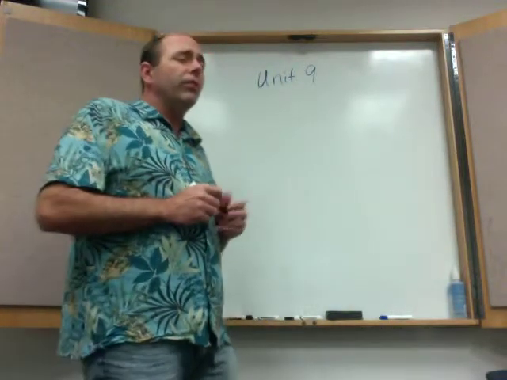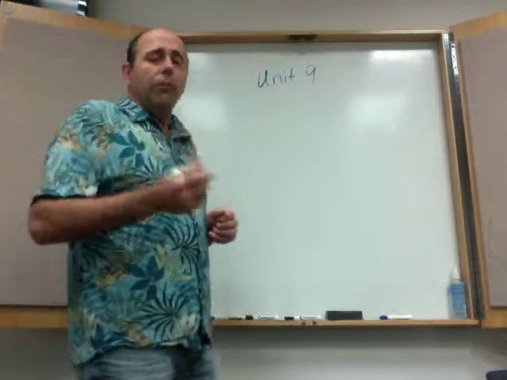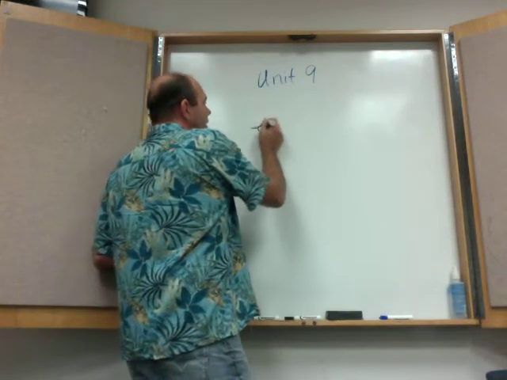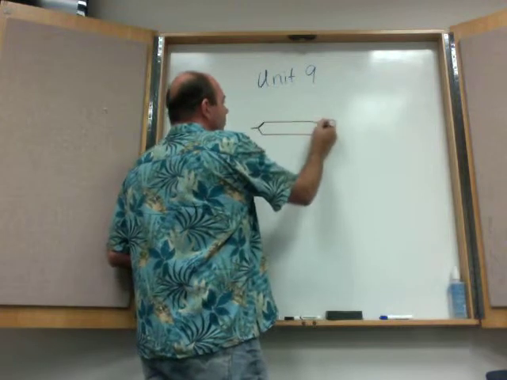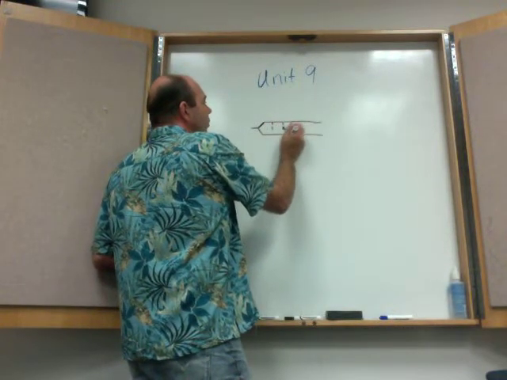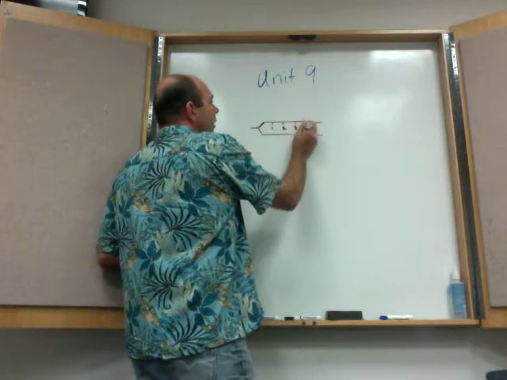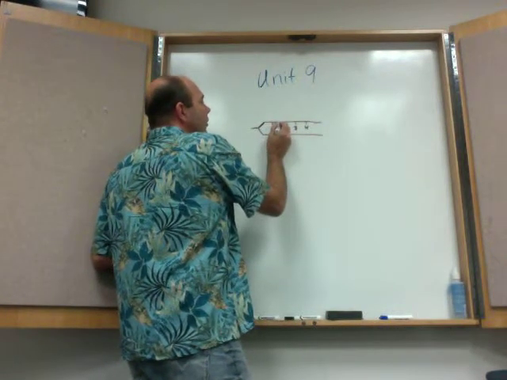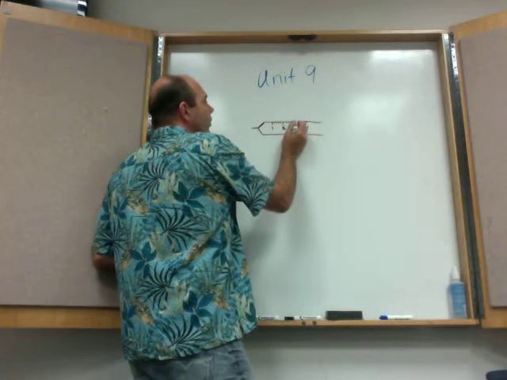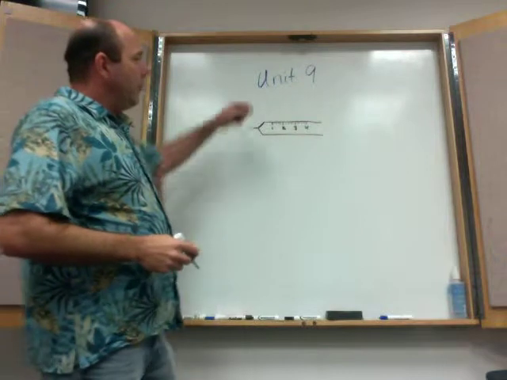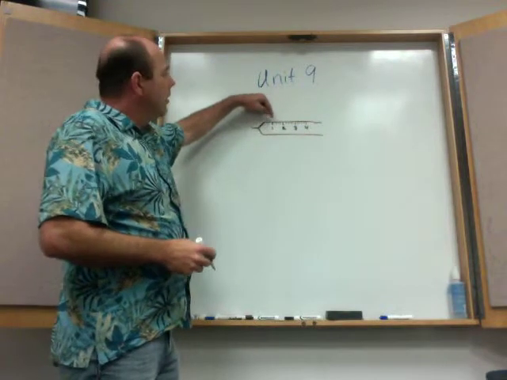Most syringes are in milliliters, and so they'll look like this, where you might have 1, 2, 3, 4, and so on. And you need to be able to determine the scale.